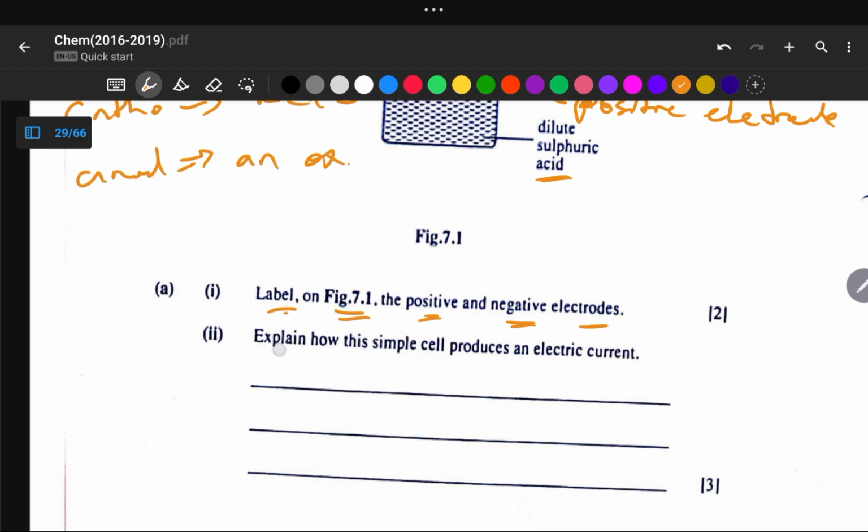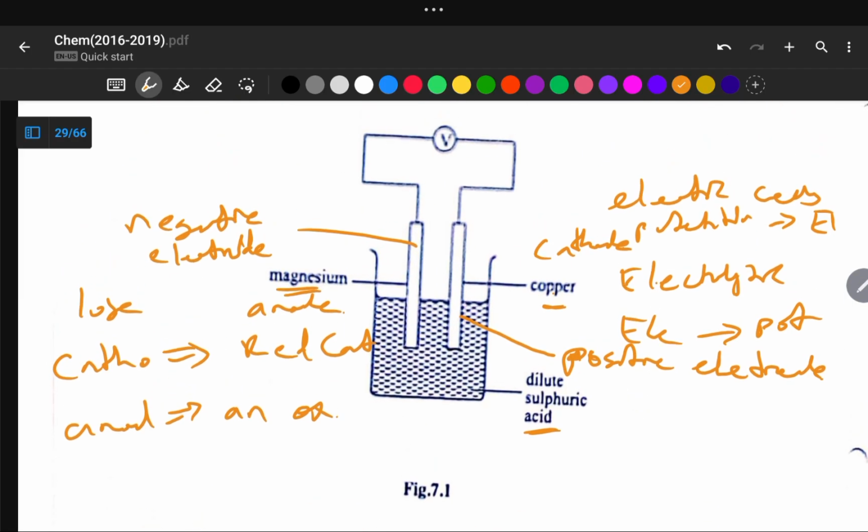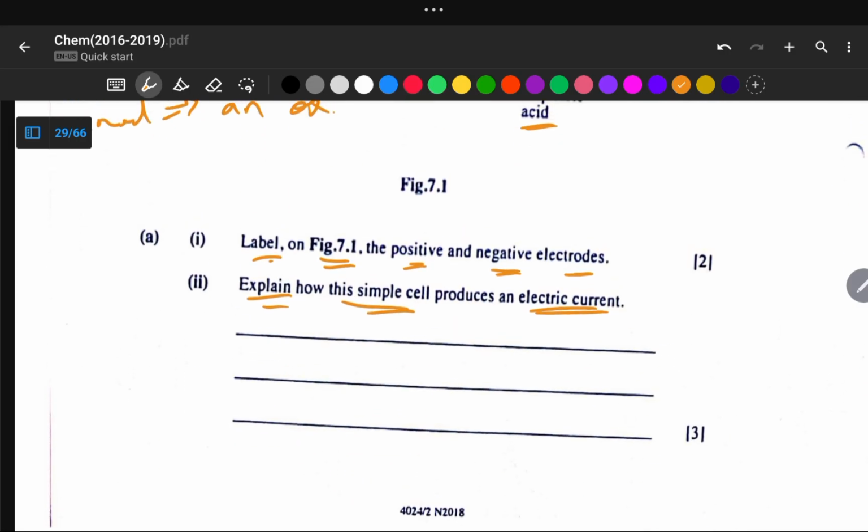The next part says explain how this simple cell produces the electric current, right? For the production of current, we are having the flow of electrons from this magnesium electrode. Electrons will flow through this wire to the copper, thereby inducing electric current.